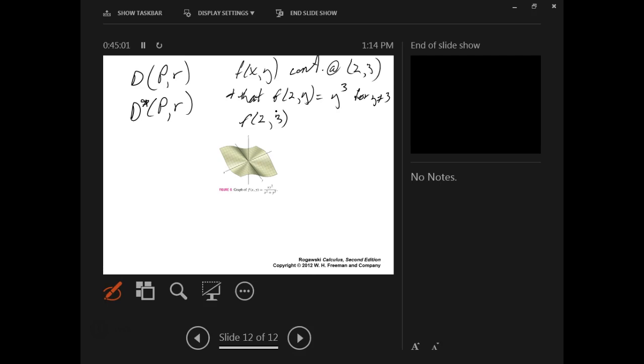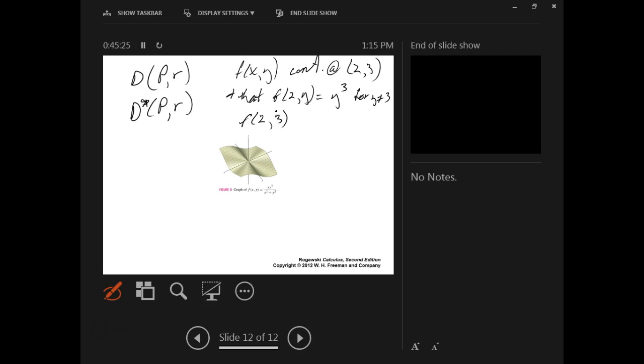Now, if you didn't know it was continuous, you wouldn't be able to say that, but since they told you that to begin with. Then it wouldn't have been continuous at 2, 3. Yeah. And you see, they told you it was continuous there, so there's no choice for that to be that.